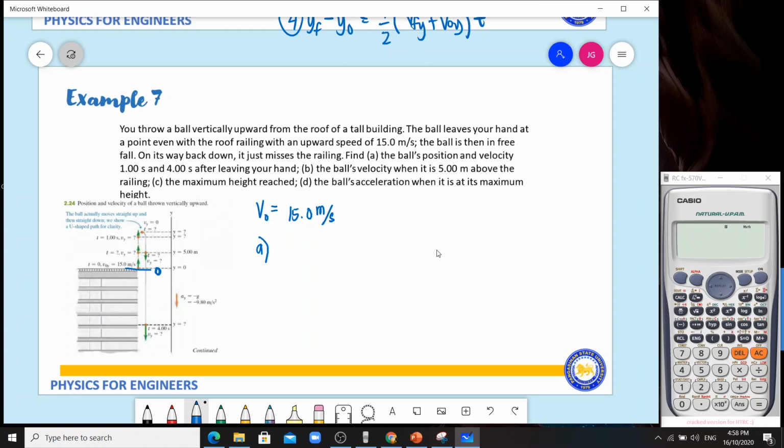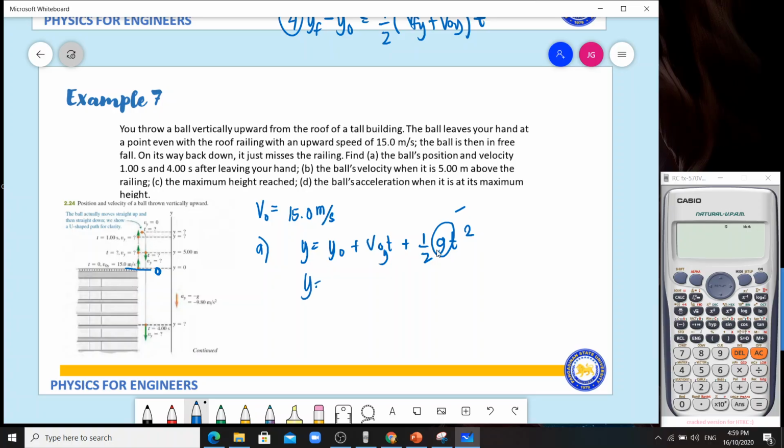Okay? So, position. So, y is equals to y0 plus v0y t plus 1/2 g t squared. Nasaan daw yung bola kapag nasa 1 second? Okay? So, ang g pa rin natin dito ay negative kasi negative naman talaga ang acceleration dahil going down siya.